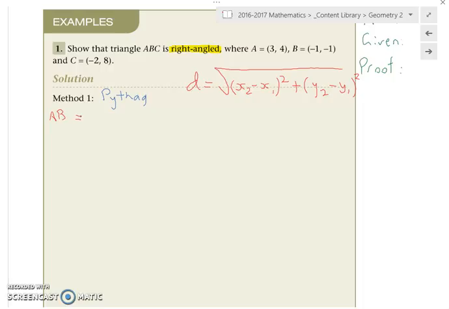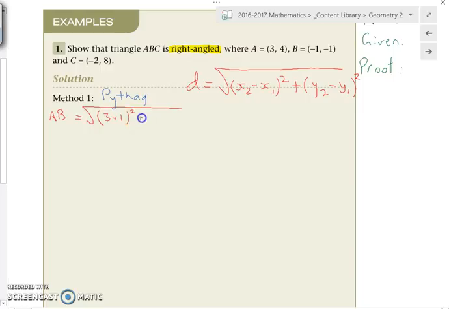So AB, what do we got? Square root of. So you're using A as (-1, 2)? So 3 plus 1 squared plus 4 plus 1 squared.